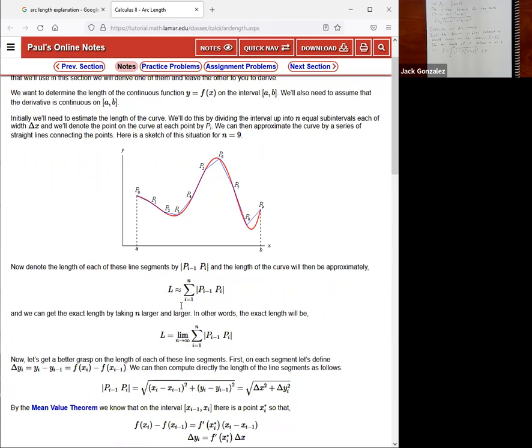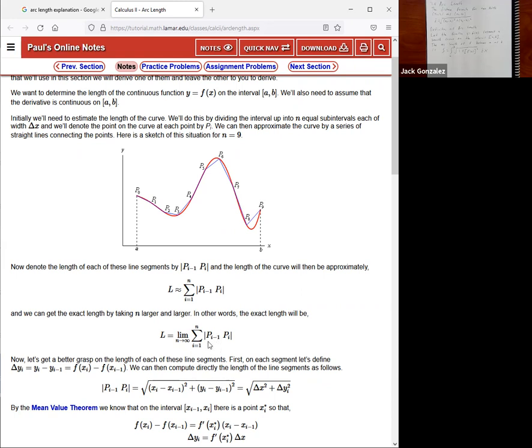Okay, so basically the idea of why that formula is 1 plus a derivative squared. What they do is they take an infinite number of points. So pretend we had an infinite number of distance formulas. You just keep doing it over and over again. You sum up every single piece, and eventually you get the total length of the curve.